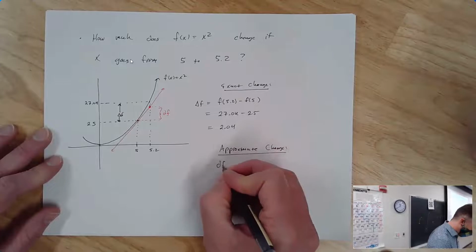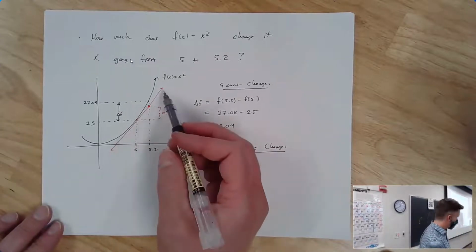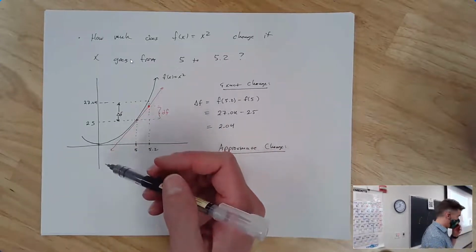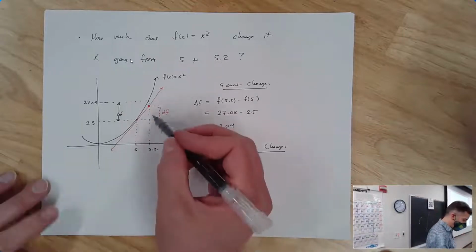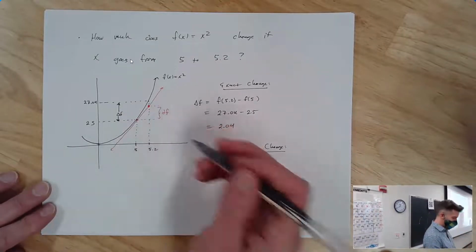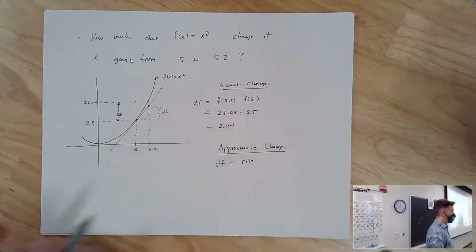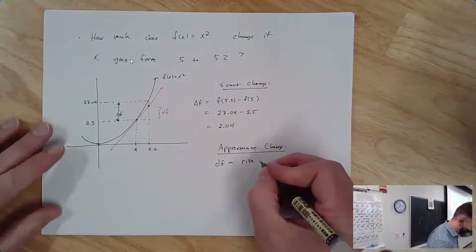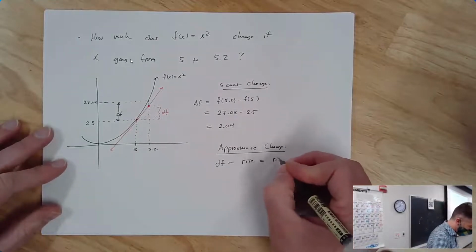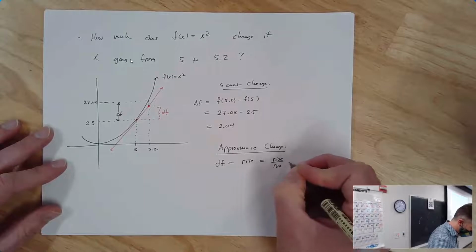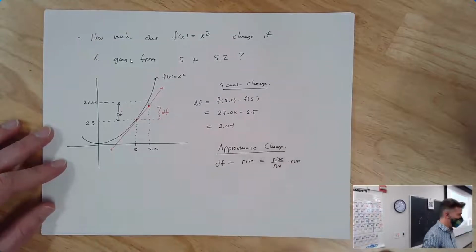So dF, well, if you look at this tangent line I've drawn here, to find dF, I'm really just trying to find the rise. If you think about the slope being the rise over the run, I could really call that the rise over the run times the run.